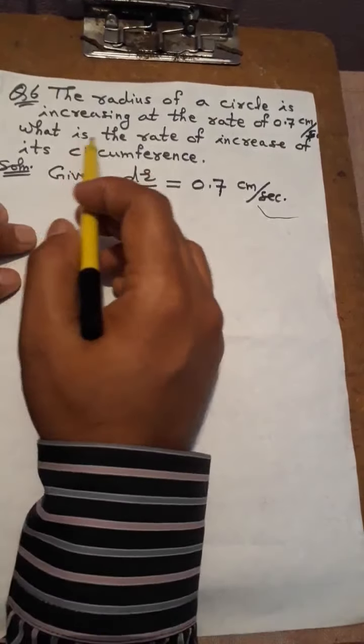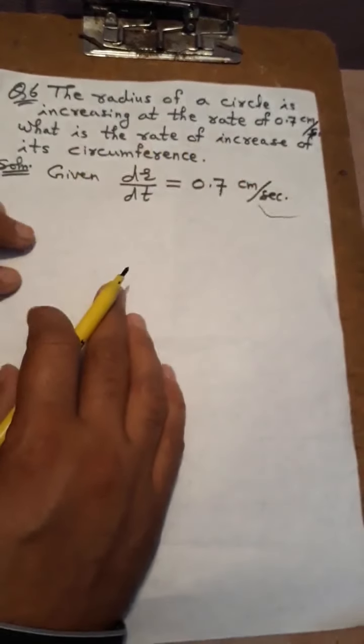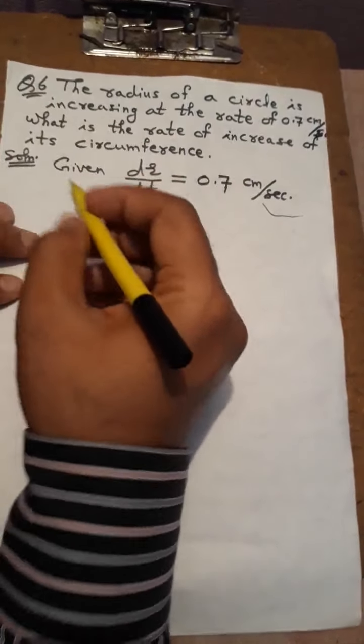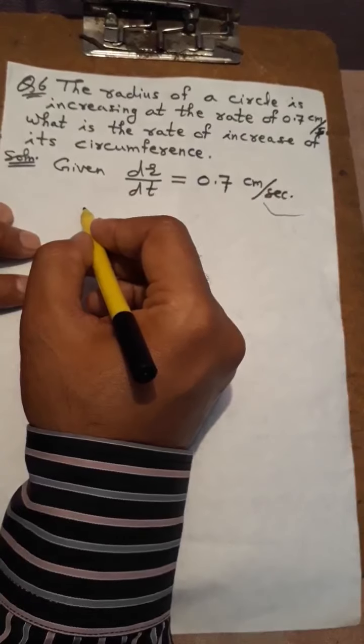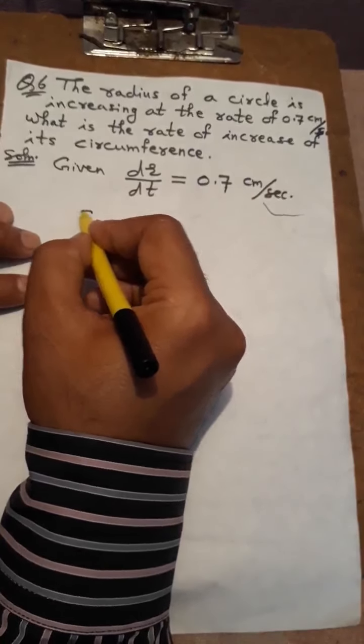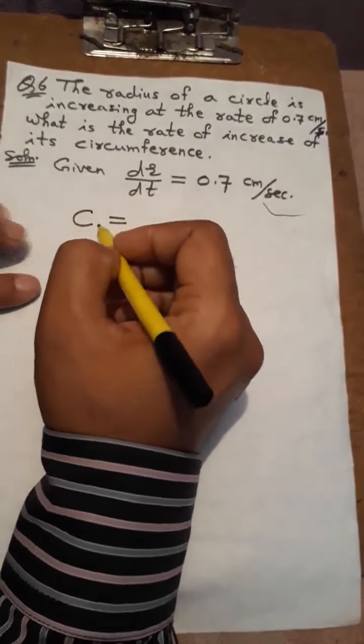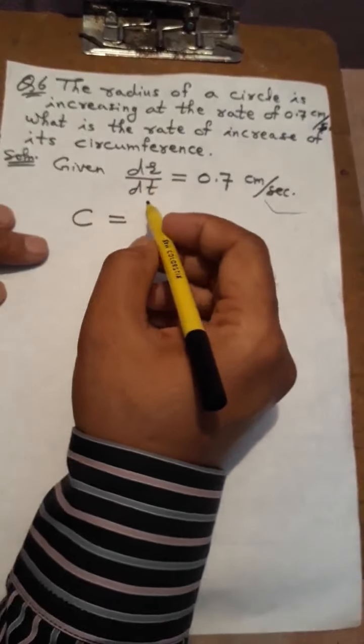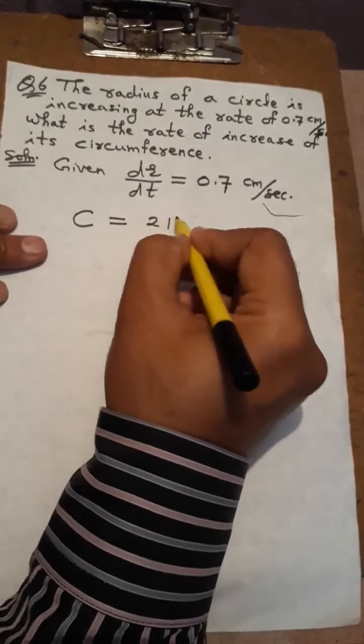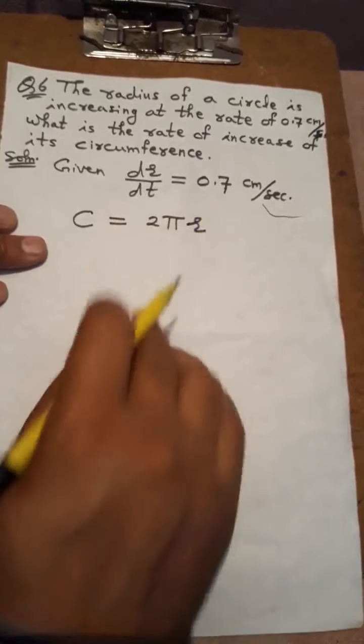You have to find the rate of increase of circumference. As you know, the circumference of a circle is 2 pi r.